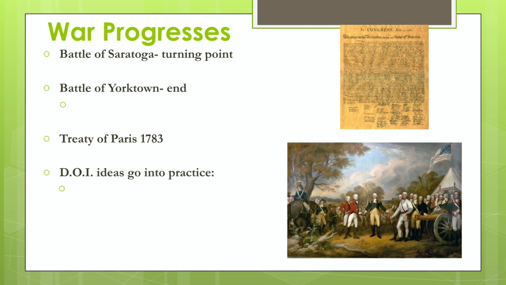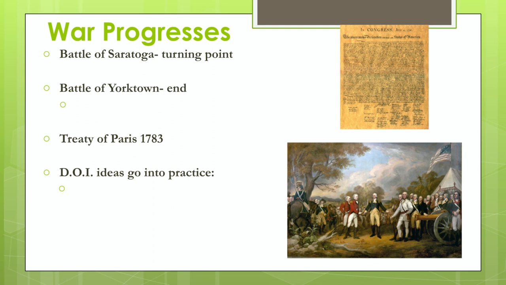And once this happens, George Washington is going to swoop in and eventually defeat the British Army that's there. So the colonists win. Battle of Yorktown, last major battle of the American Revolution. Shortly after that, in 1783, a Treaty of Paris is signed, which officially ends the war.